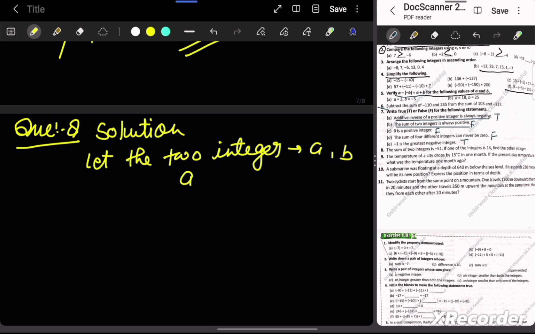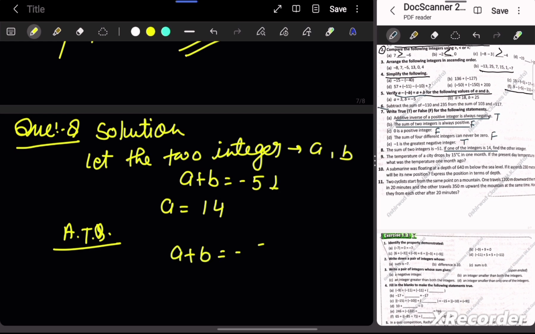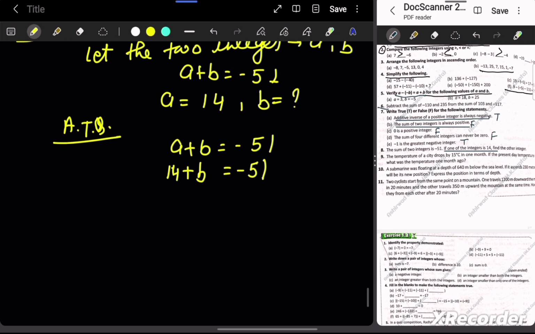We have the sum of two integers is minus 51. Here, if one of the integers is 14, so now a equal to 14 according to the question. a plus b equal to minus 51. Here the value of a is 14, and we have to find the value of b.